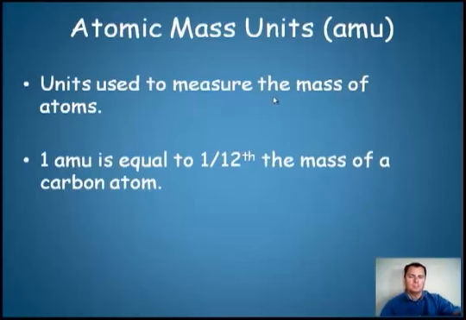I used a carbon atom as a reference because it's got 6 protons and 6 neutrons for carbon 12. We took 1/12 of that, and that's what 1 AMU is equal to. It's approximately the mass of 1 proton. So whenever we're weighing a single atom, we're going to use AMUs to measure the mass of that out.